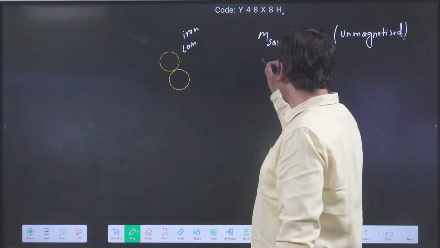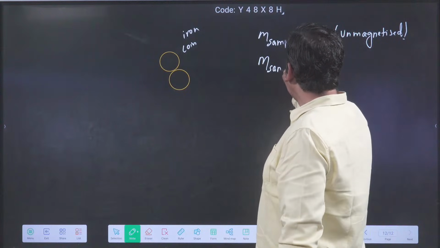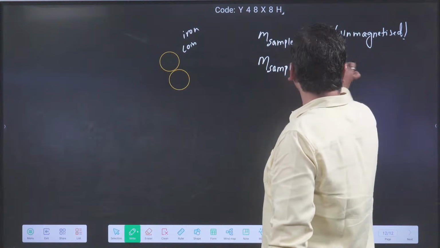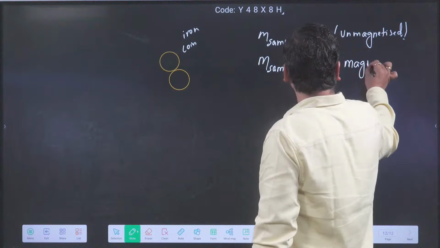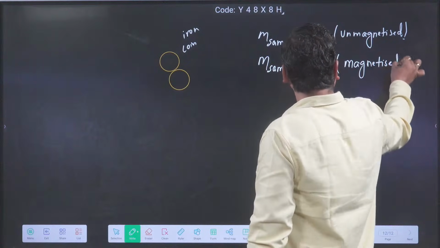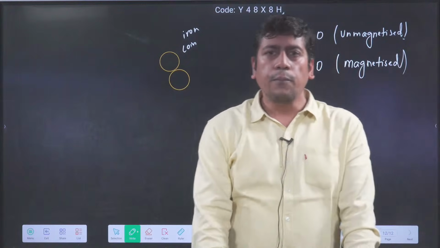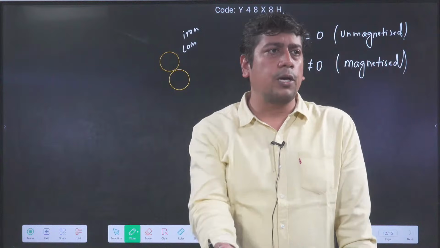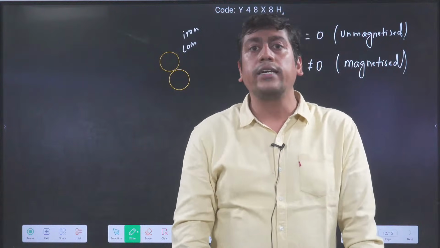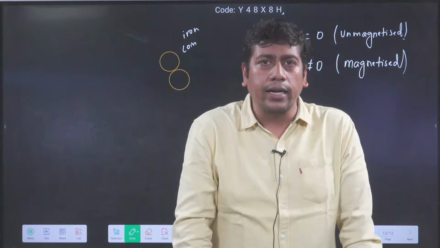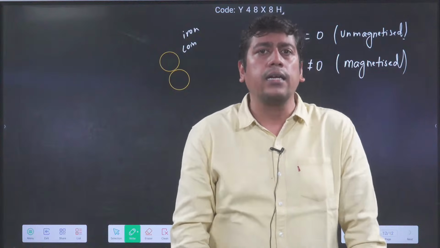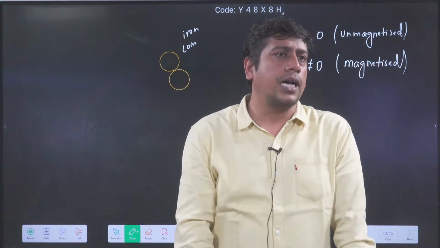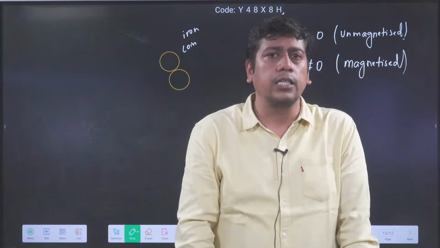But if M sample is non-zero, then we say it is magnetized. If a material is behaving like a magnet, able to attract another substance, or showing repulsion or attraction to another magnet, that means it has been magnetized.